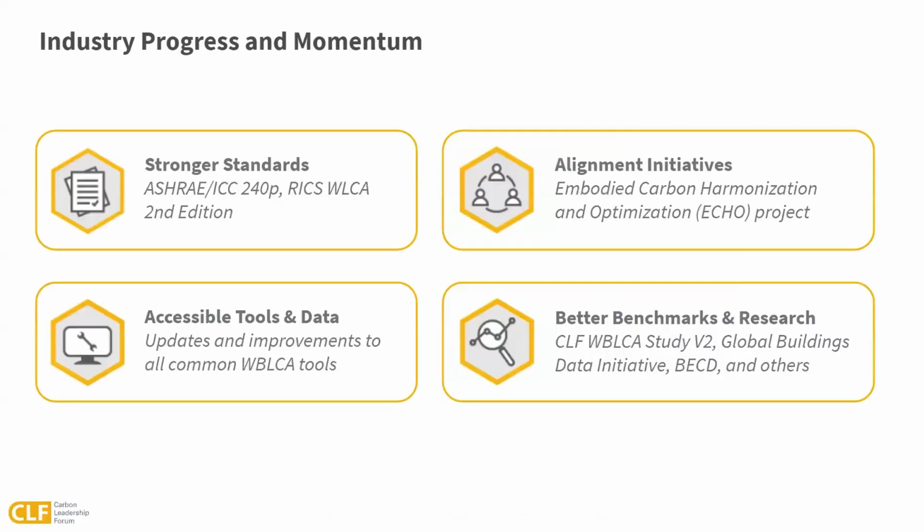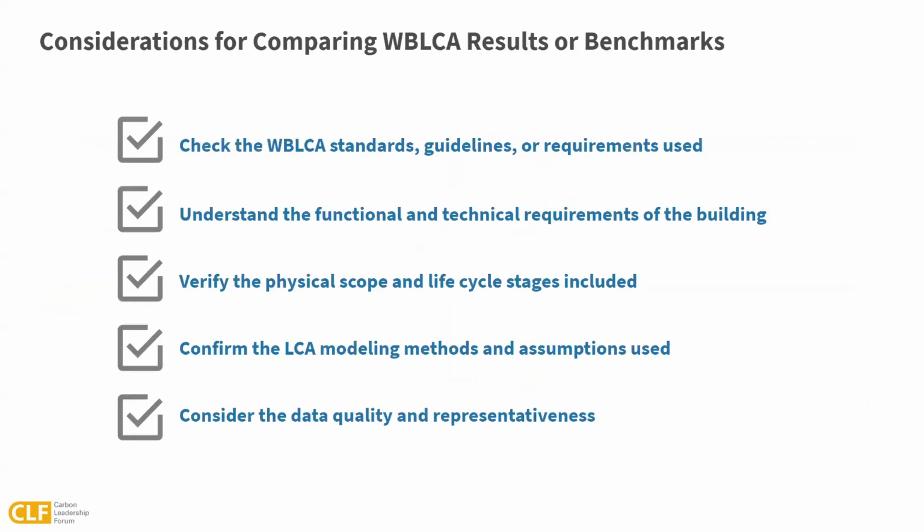Fortunately, there's a lot of great momentum in the industry aimed at addressing many of these challenges, including the development of more comprehensive standards, better alignment across existing reporting platforms, the development of better whole building LCA tools and data, and benchmarking and research with higher degrees of harmonization. Still, it's always going to be important to do some basic investigation into what is included in whole building LCA results and how they were generated before we start using them to make decisions.